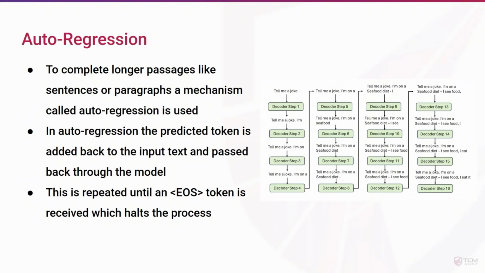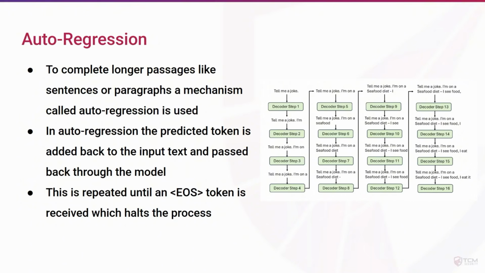So if you take a look at this example diagram, we have an input that starts with "tell me a joke." And after it does its first pass through, we get "tell me a joke," and then it goes, "I'm on a seafood diet, I see food, and then I eat it." And you can see how it passes through.